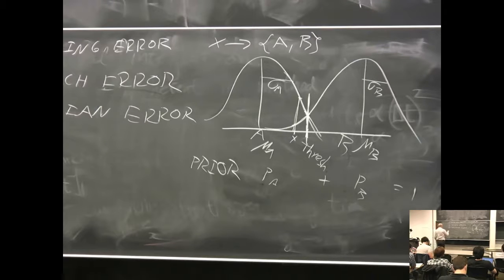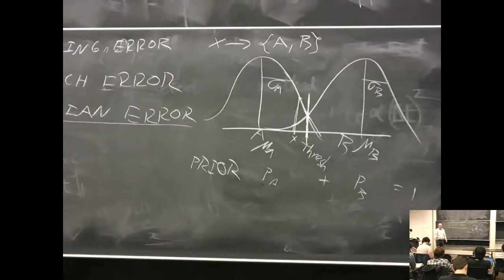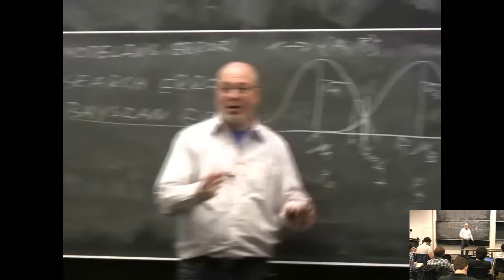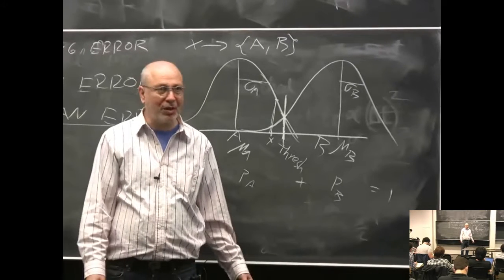So Bayes' error is a property of the problem that we're trying to solve. If the problem is inherently overlapping sources, the Bayes' error could be high, could be very high. In the extreme case, where the two Gaussians have the same mean and the same standard deviation, there is no way I can do better than 50%, because there's no way of distinguishing them, right?